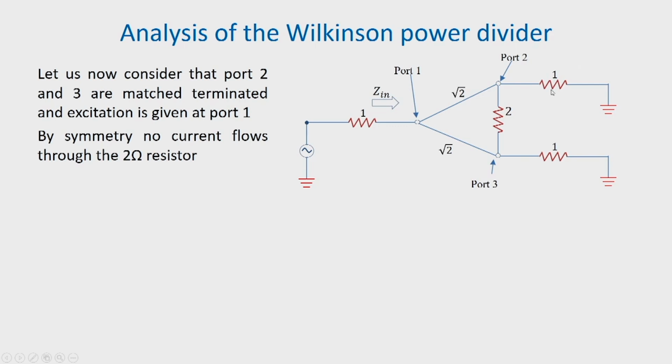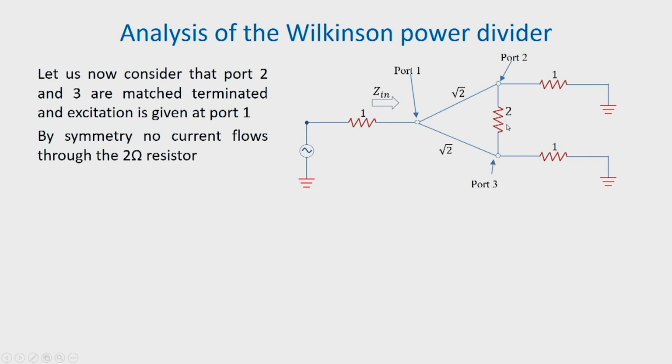So, if we consider this particular case when port 2 and 3 are match terminated, and then we put an excitation over here, we find that because of the symmetry of the circuit, the voltage here at port 2 and port 3 will be same, and essentially no current will flow in this branch connecting port 2 and 3.